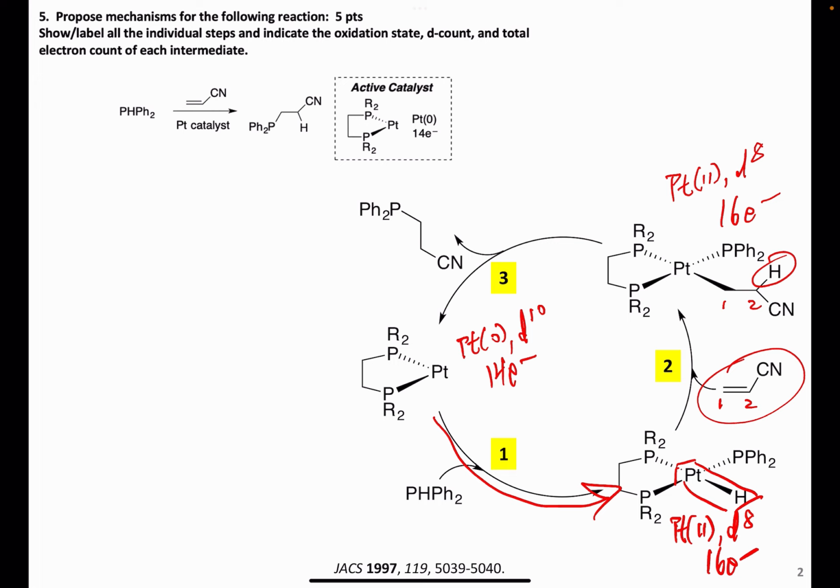This compound can undergo a PC reductive elimination step to regenerate the catalyst and liberate your product. Notice that in reductive elimination, like always, the oxidation state goes down by 2, the coordination number goes down by 2, and the total electron count goes down by 2. This is a really plausible mechanism for this catalytic cycle.